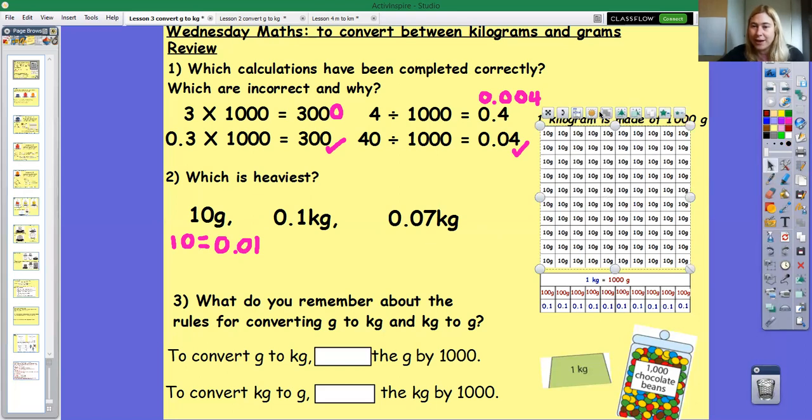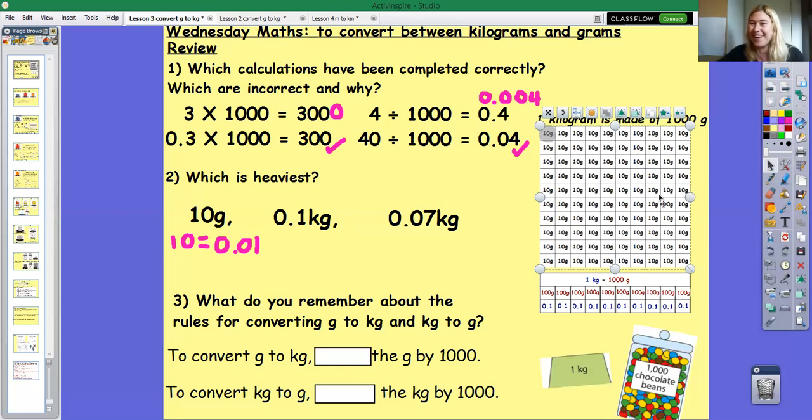And if we look at this little diagram here, if I just shade it in actually, there's 10 grams, one lot of 10 grams. And we can remember that actually we've got 100 lots of 10 grams to make our whole 1,000 grams. Yeah, because 10 lots of 10 is 100.